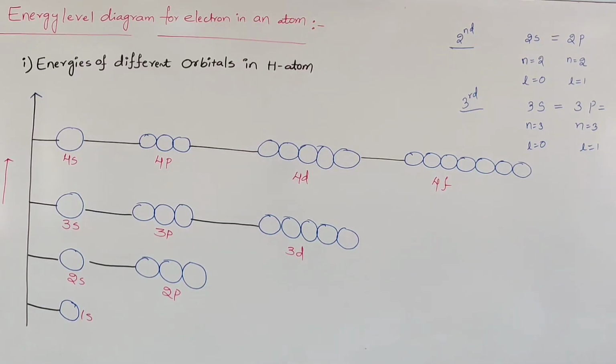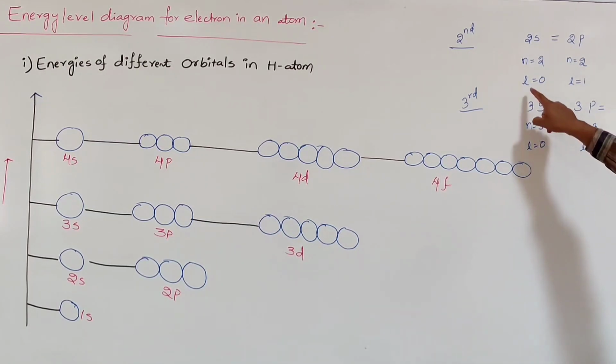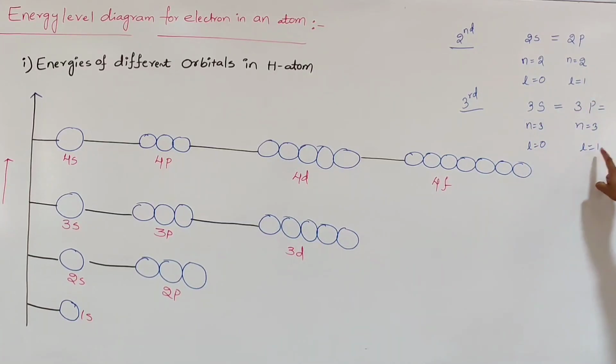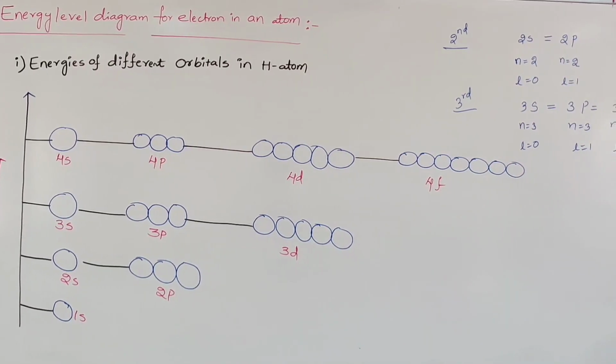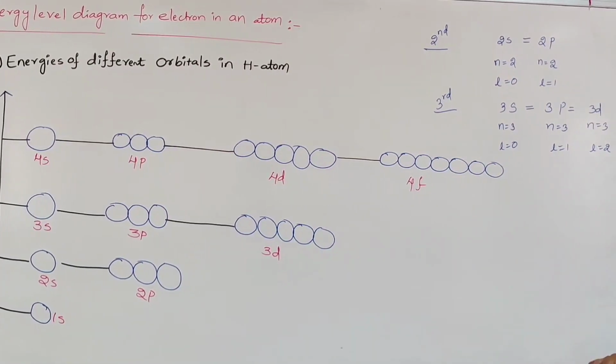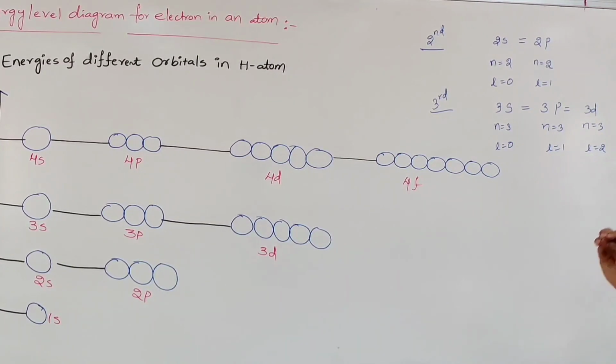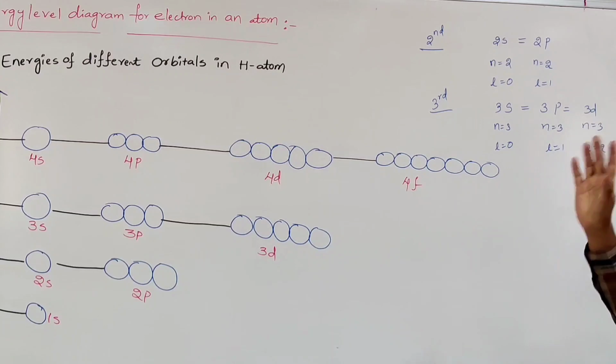That's why the energy of various orbitals present in a particular principal energy level does not depend upon the azimuthal quantum number. It depends only upon the principal quantum number. So we can say simply, all the subshells in a given principal energy level have the same energy.